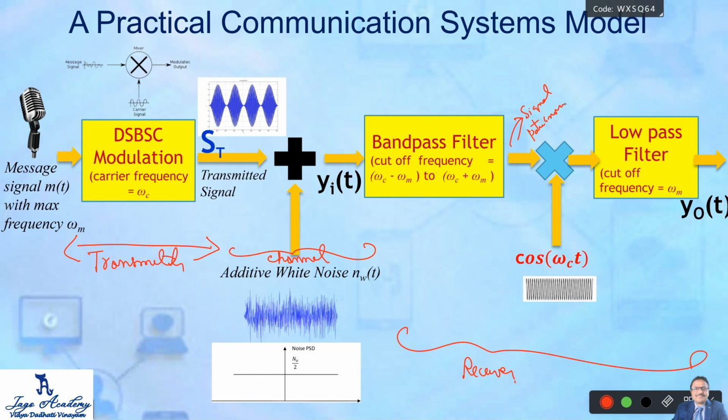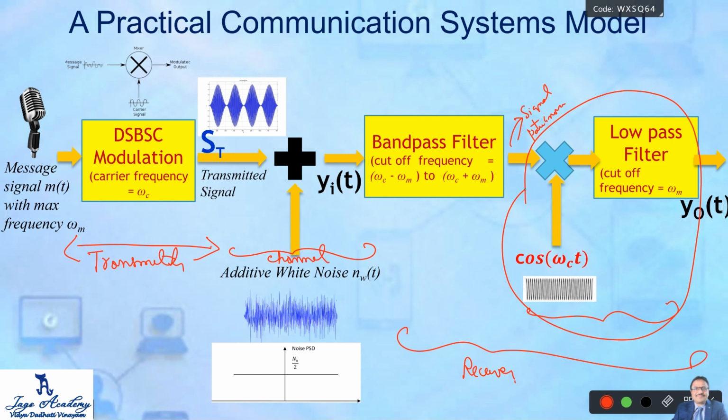Understood? Can you tell me what this process is? Do you remember this somewhere? You have studied this. What type of detection is that? Synchronous detection. Demodulation of the double sideband suppressed carrier wave by a technique called synchronous detection.